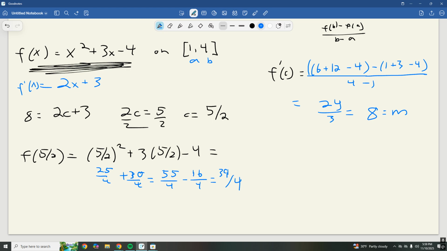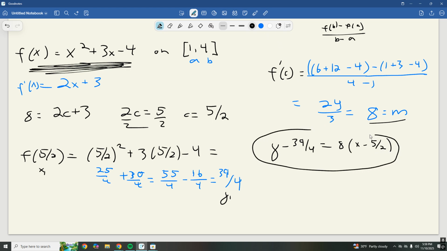Hold on, I'm finding the decimal of 39 divided by 4. 9.75. Okay, yeah. So we have 39 over 4 as our y1. Our x1 is 5 over 2. So let's do y minus 39 over 4 equals m times x minus 5 over 2. And this is going to be our answer.